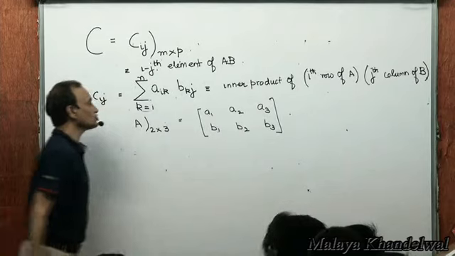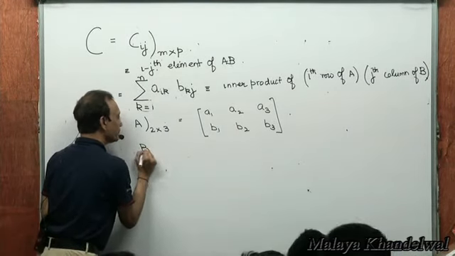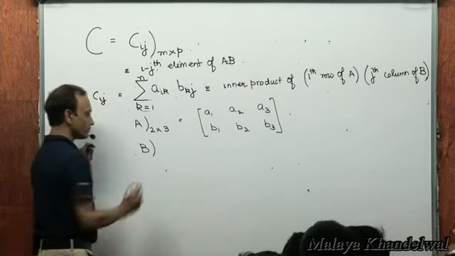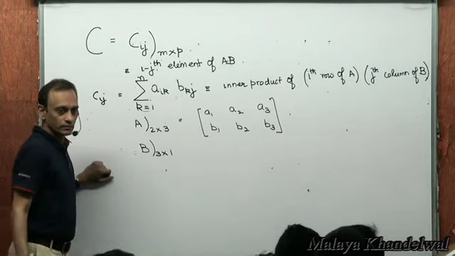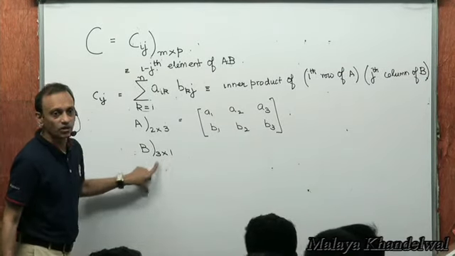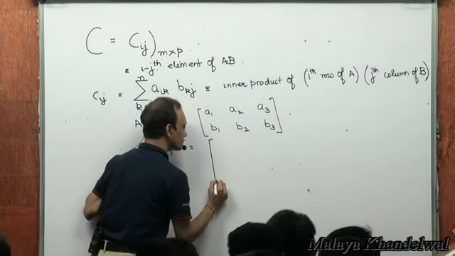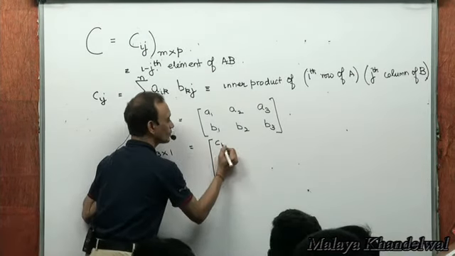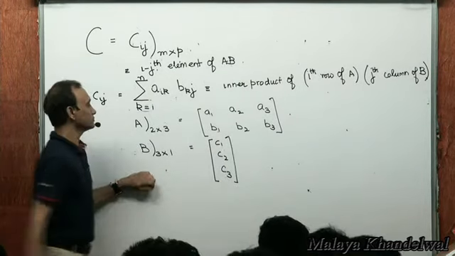That's a matrix A, 2 rows and 3 columns. And say there is a matrix B, which is 3 by 1. This is 3 rows and 1 column.